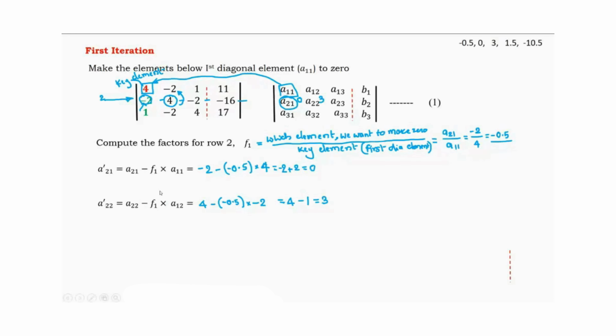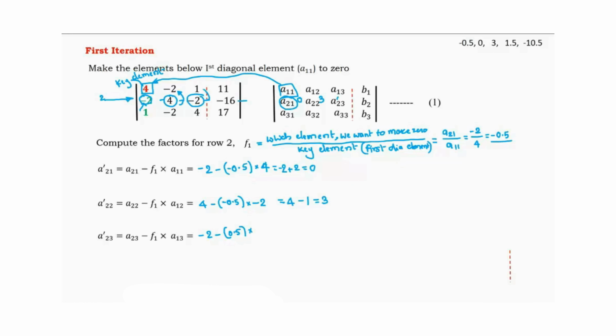Next, similarly, you compute one more parameter, the third value. That is A23 dash. The new value is equal to A23. What is the value of A23? You can see here, this is A23, which is minus 2, minus factor 0.5 into the corresponding element.